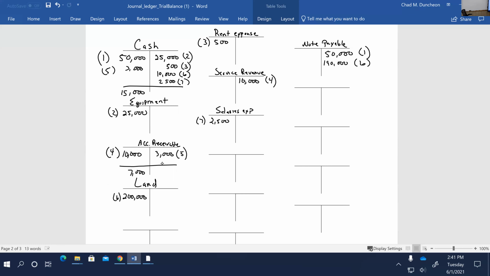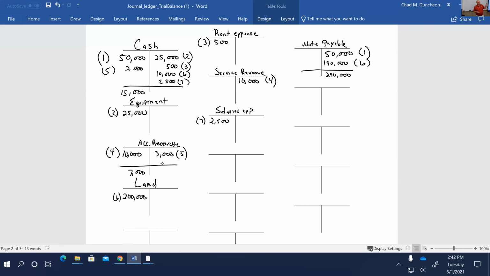The only other one that we need to get a balance on is over here. Our note payable balance becomes $240,000. That would be the amount that would go onto our balance sheet, and therefore our investors would know that we owe money in the form of notes for $240,000.